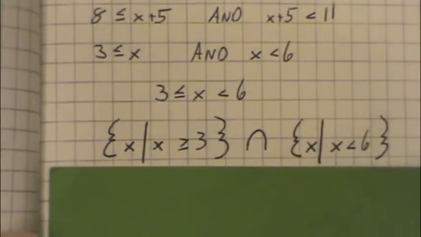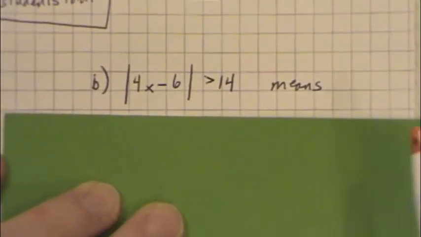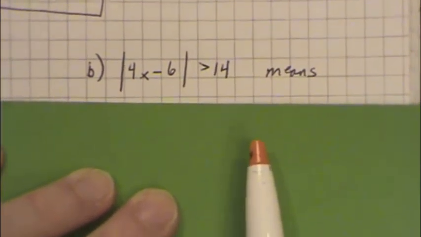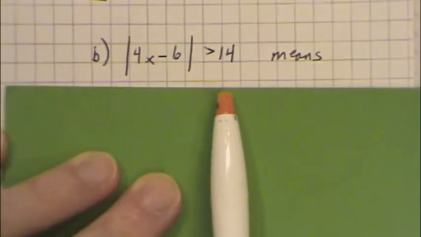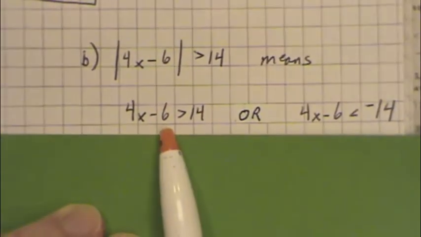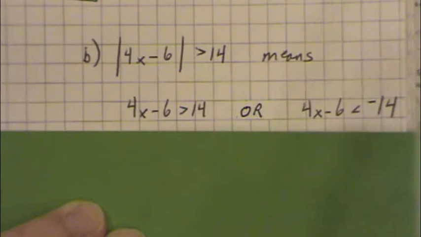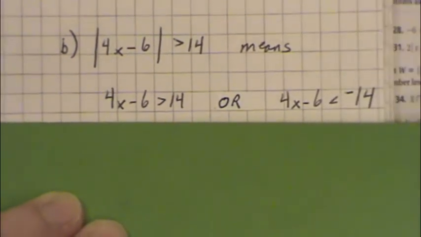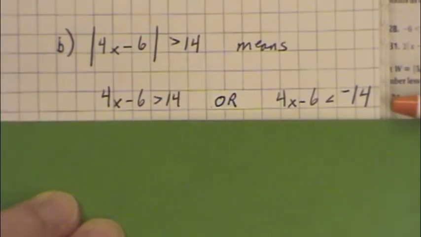Let's try letter B. So I went back to that chart on the other page from the last lesson so that I made sure that I didn't make a mistake. This means your 2 problems are 4x minus 6 is greater than 14 or 4x minus 6 is less than negative 14.